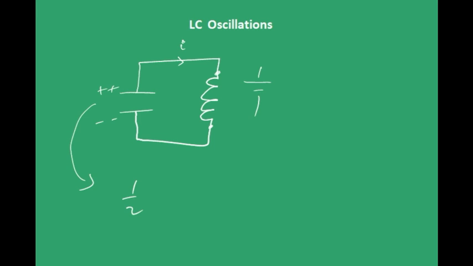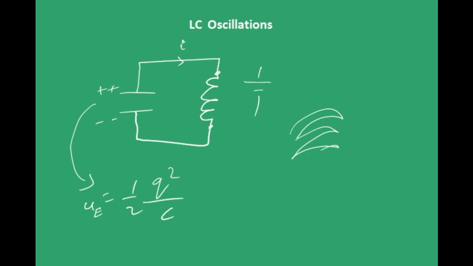It is given by half q square by C, right, where q is the amount of charge. This is the electrical energy stored inside the capacitor. It is stored as electric field lines, of course. Now, this will be slowly transferred to the inductor as magnetic energy. And hence the energy is transferred from capacitor to inductor and again vice versa.